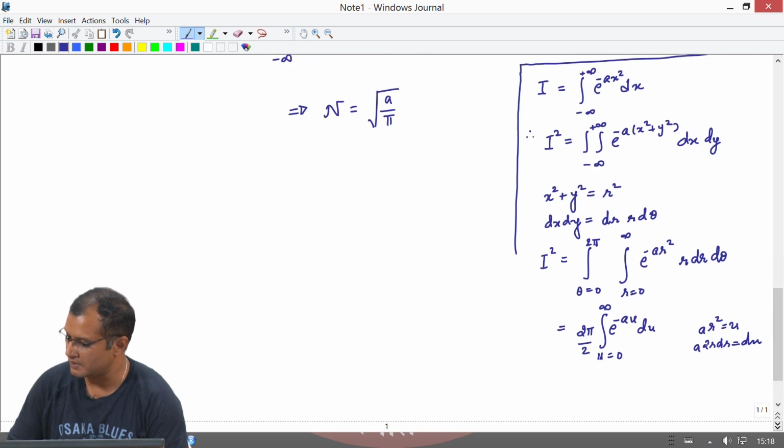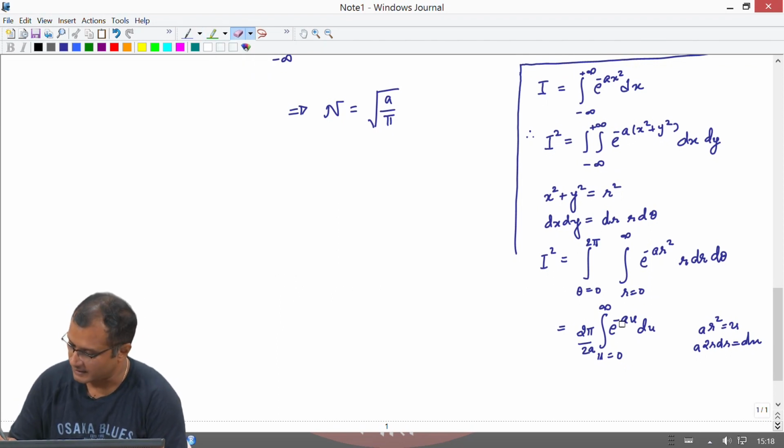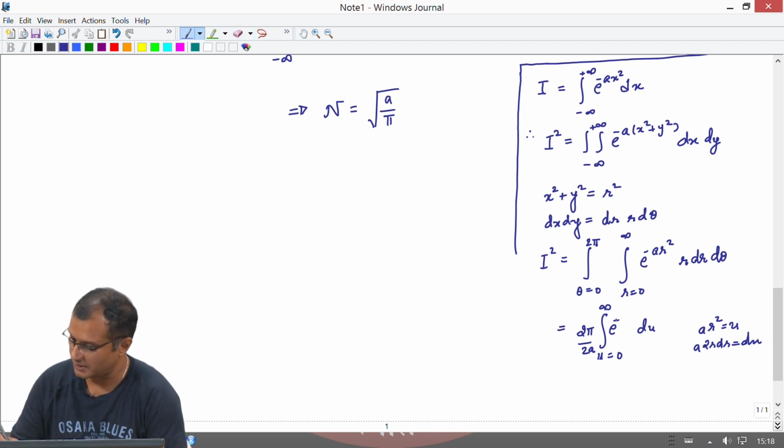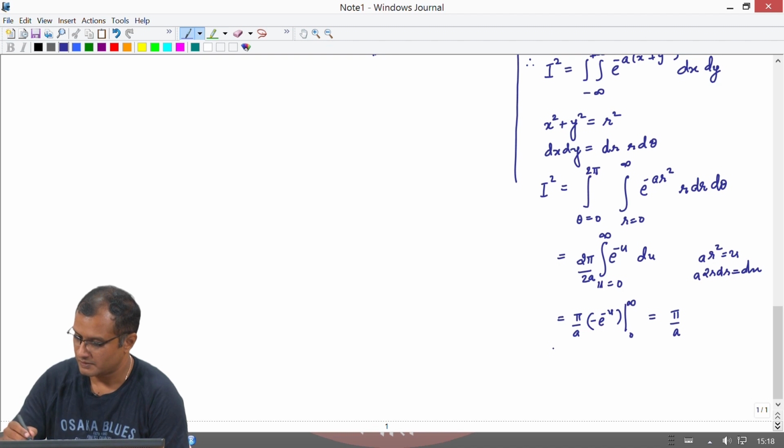So, I will get a into 2 r dr as du, so I will get a 2 a here, and I will get an e raised to minus u, okay. And so, this would be just pi by a times the integral of e raised to minus u, which is minus e raised to minus u, and you supply the limits 0 to infinity, this is simply pi by a. Okay. Now, this is I square, which means I is square root of pi by a.